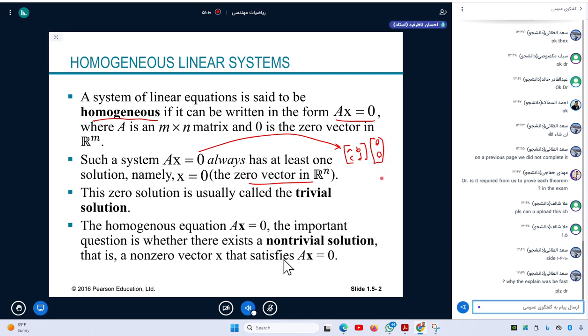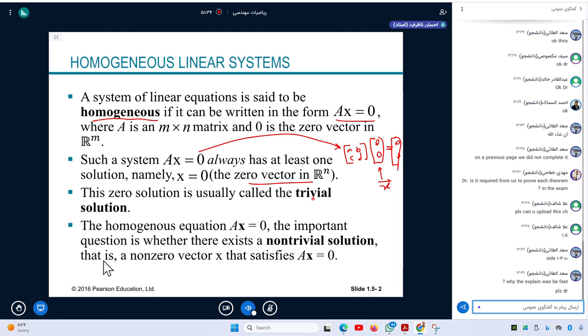So this is x, and the result will be 0 and 0. So 0 is always one answer to this homogeneous equation.